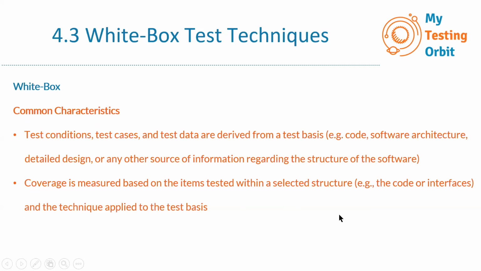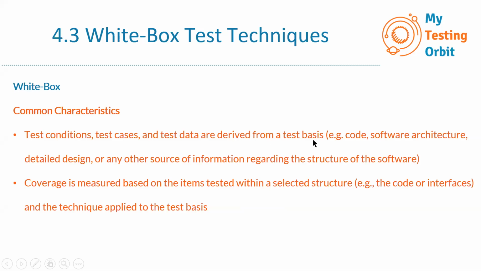Test conditions, test cases, and test data are derived from a test basis. In black box also, we said that they are derived from a test basis, but with each type of test technique, the test basis will be different. In black box testing, the test basis was more around the requirements of the system.